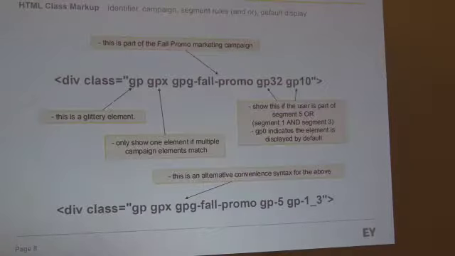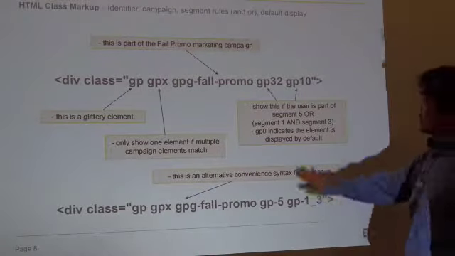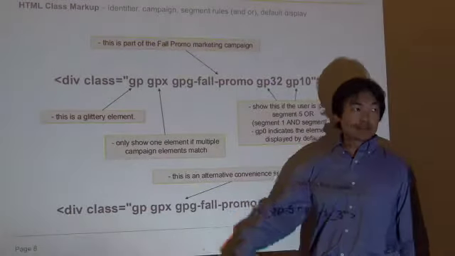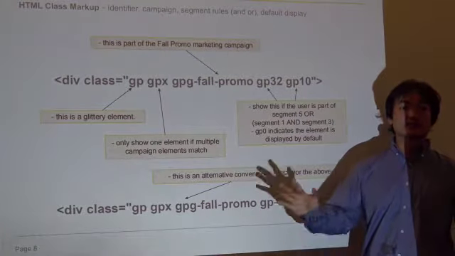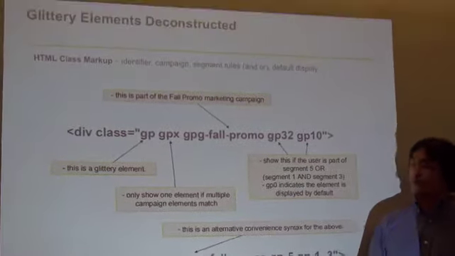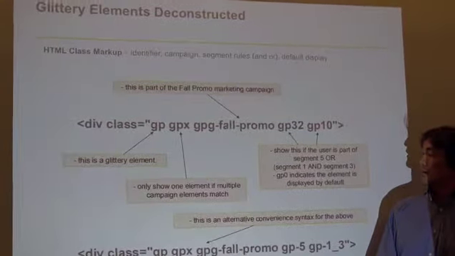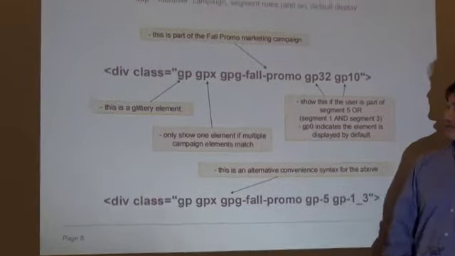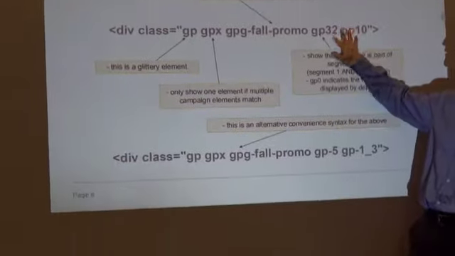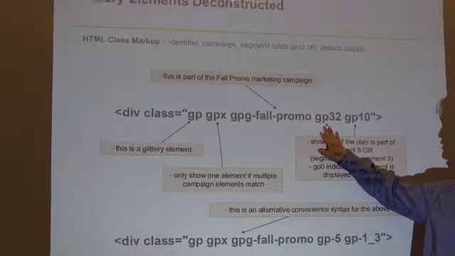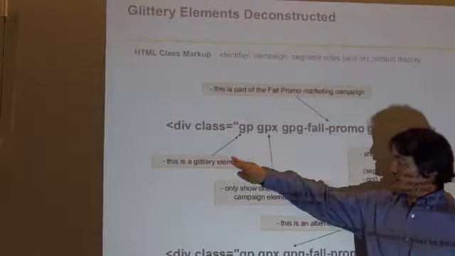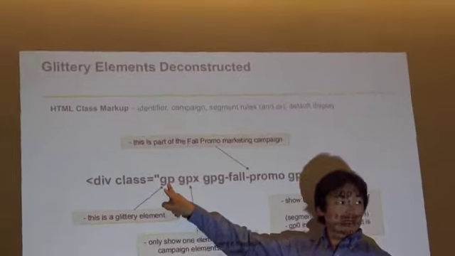So I just wanted to talk quickly about what the HTML looks like. We try to make it as easy and responsive as possible. If you know CSS, this is basically as simple as possible. Anything that's Glittery compatible on the page has to have this glittery GP class.